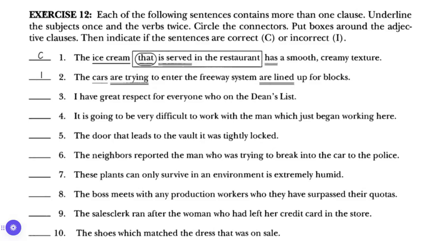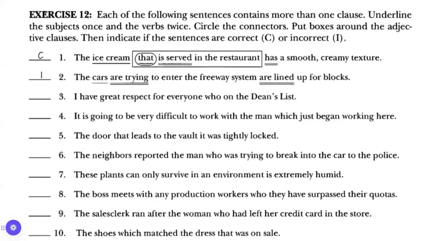Okay, let us check the answers. Number 3, it is incorrect because it is missing a verb, which could be who is. Number 4, incorrect. There's an incorrect connector subject, which could be who. Yes, because we're talking about a person. Number 5, incorrect. There's an extra subject.